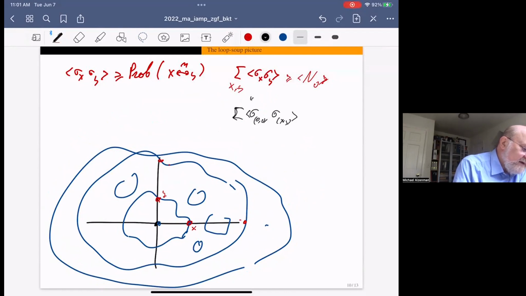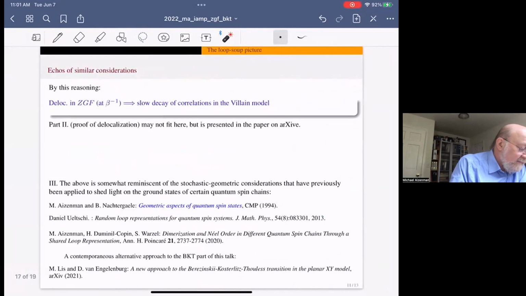So it's just a regular sum of the 2-point function. So by this canonical argument, if you have such a relation, then the divergence of the number of loops encircling the origin implies that the 2-point function is not summable.